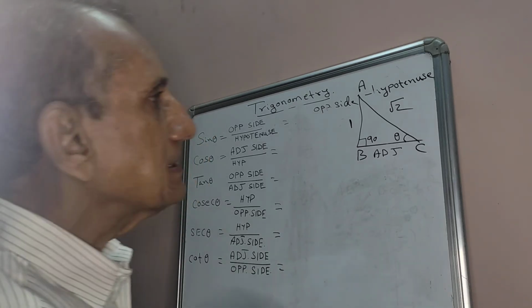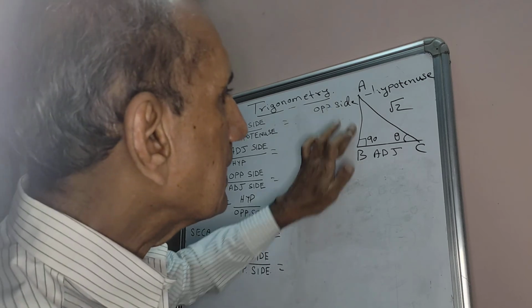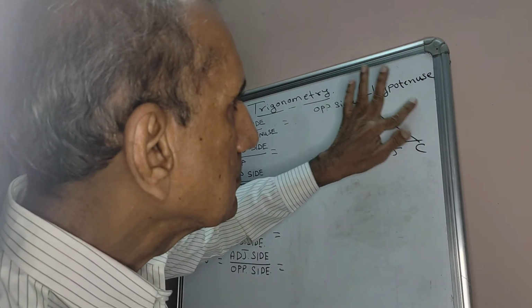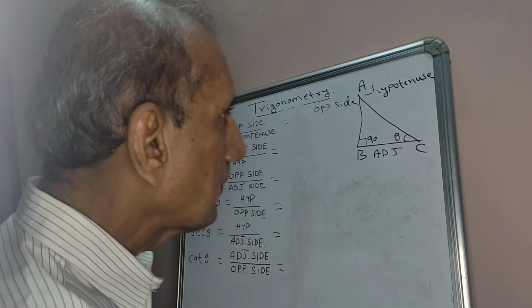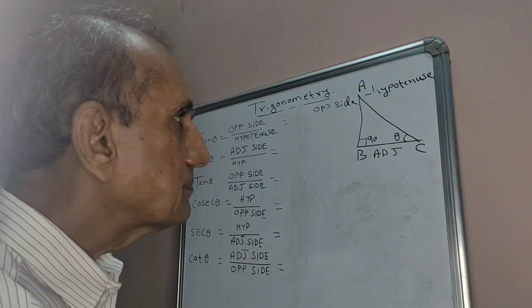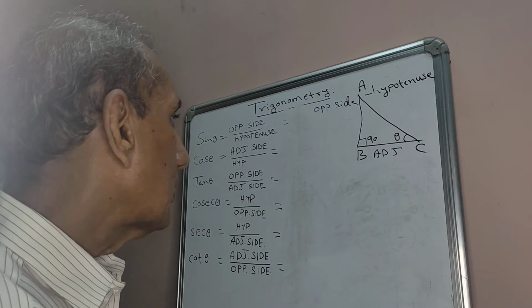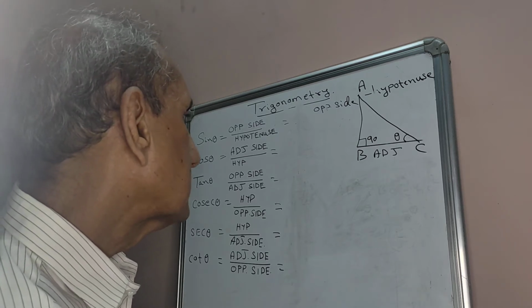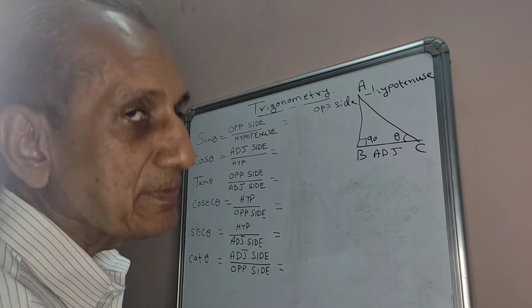Suppose I take this as a triangle. Okay, take some random values.